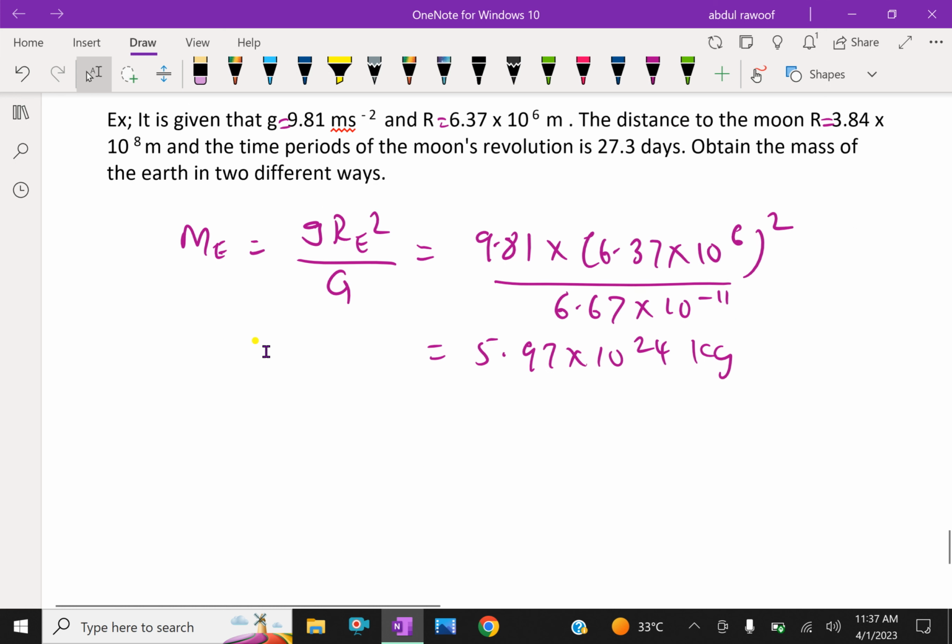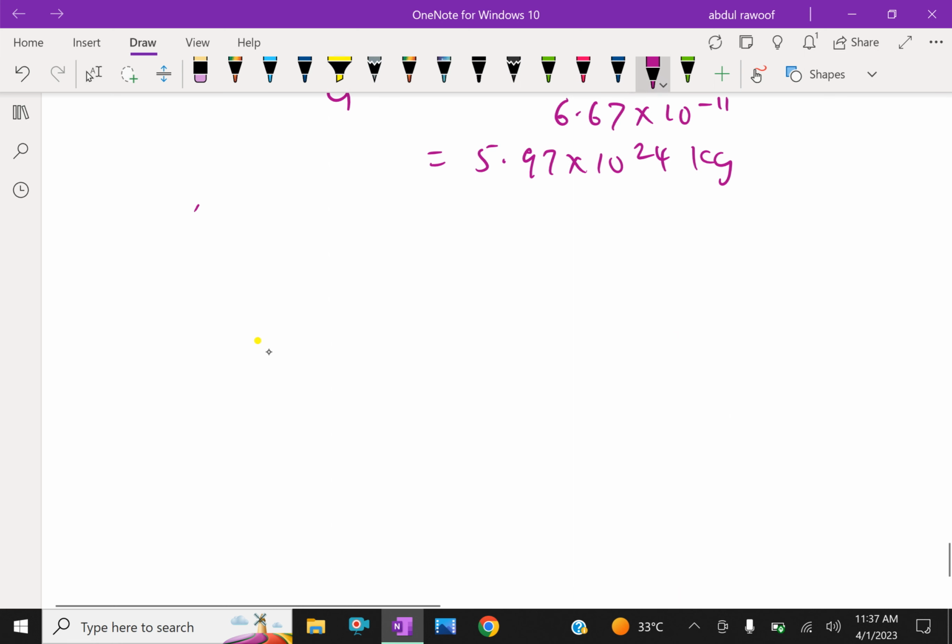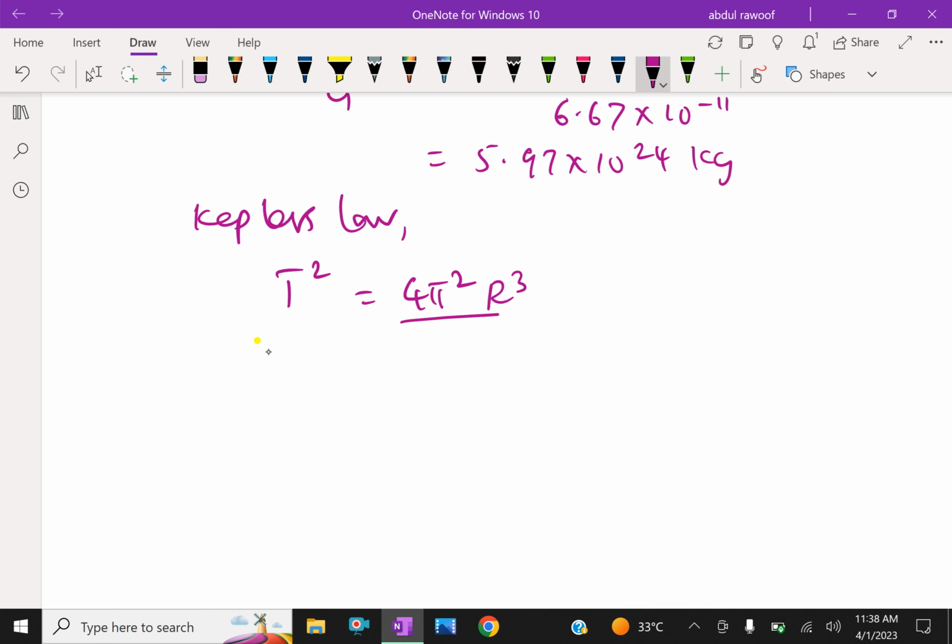Next, by using Kepler's law. We know that the moon is a satellite of the Earth. From the derivation of Kepler's third law, T squared equals 4π² R cube over G times the mass of the Earth.